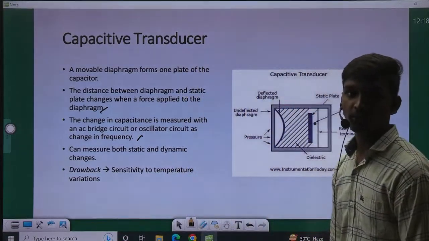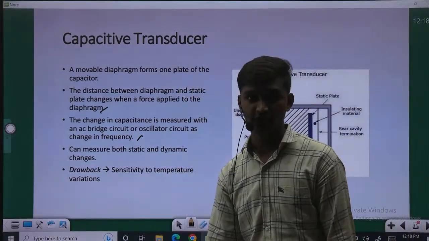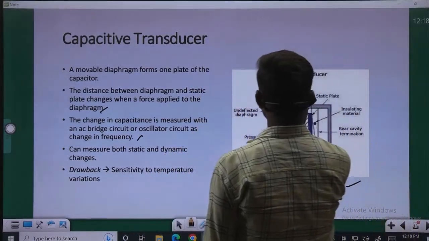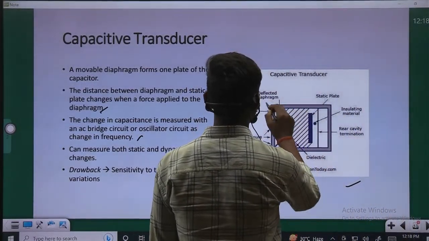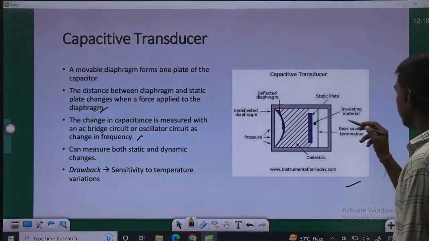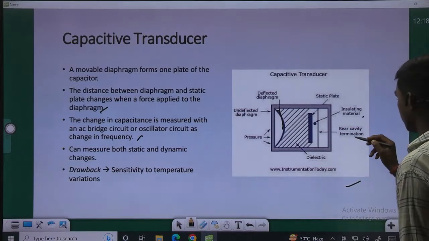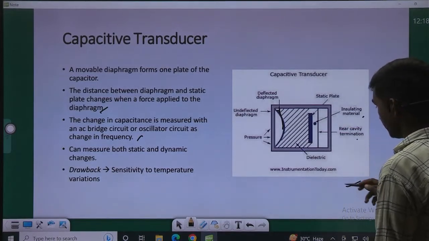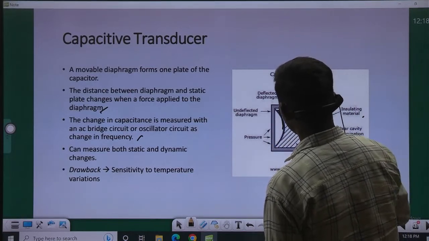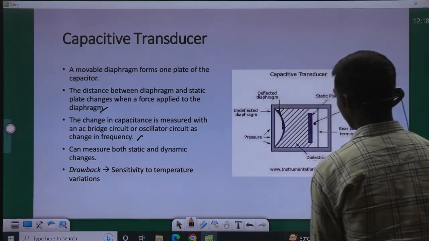Drawback: sensitivity to temperature and variations. And this is a diagram of a capacitive transducer. This layer is known as the deflected diaphragm, and this is a static plate, and there is the insulating material and rear capacitive termination and dielectric, and there is pressure on these devices and under the applied diaphragm.